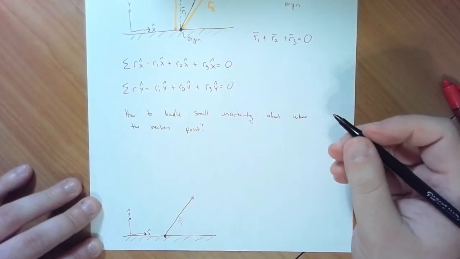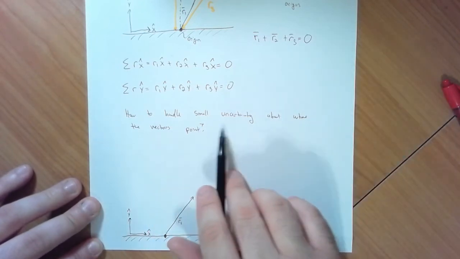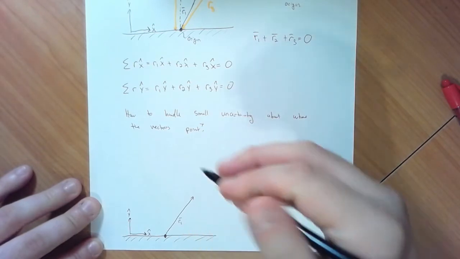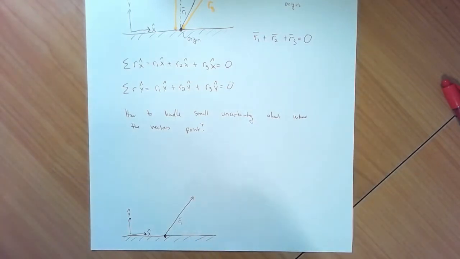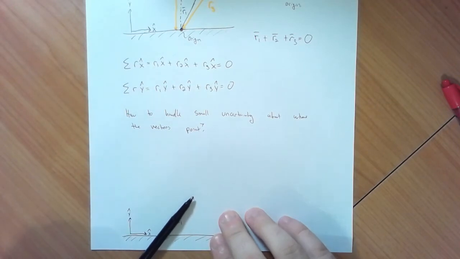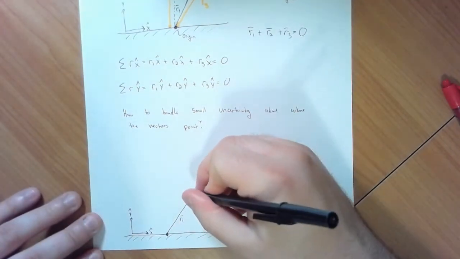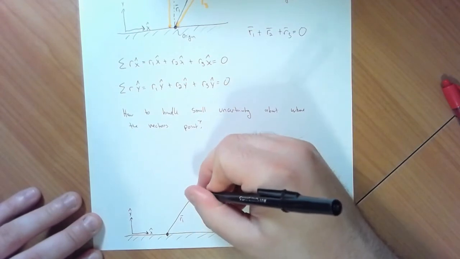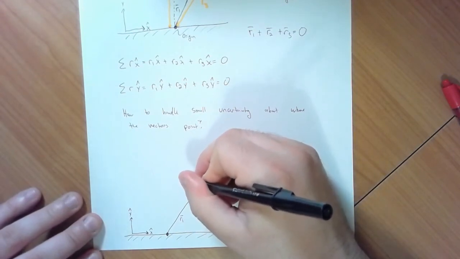Now, we're going to try to give R1 a small amount of uncertainty. So what that actually means is that the true R1 might point off maybe in this direction, might point off maybe in this direction. I don't really know. But the way that I'm going to represent that is with another R1 vector. So I'm going to have this very intentionally kind of go off in this direction.